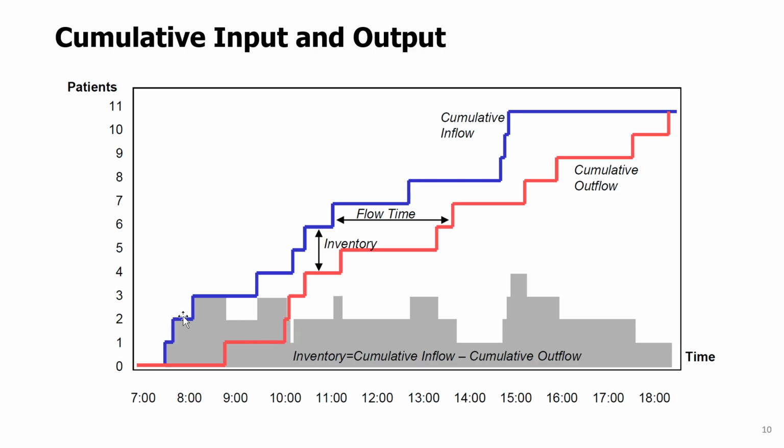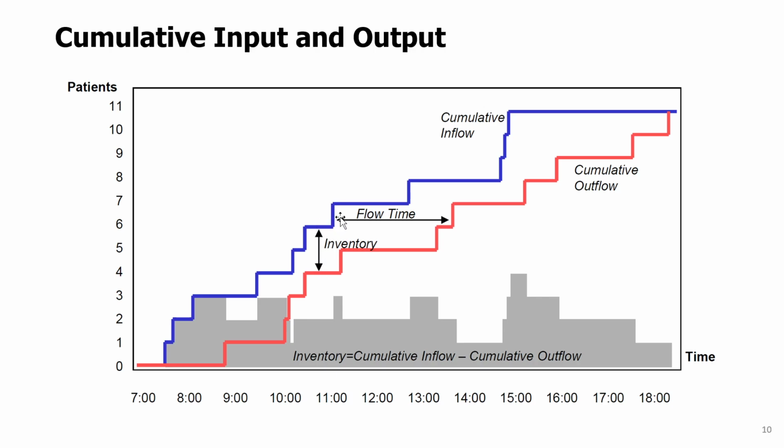And so on. So when you see these two lines, right, when they meet, that means there are no more patients in the unit, but when there is a vertical space between them, it means that there is actually a number of patients at this moment, at this time. There is a number of patients in the interventional radiology unit, and we will call this inventory, right?